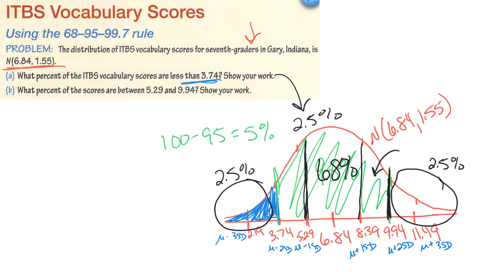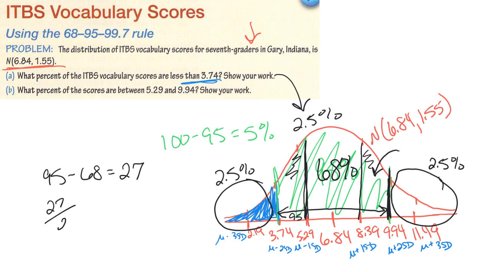From here to here is 95%, and I've already used 68% of it. So 95 minus 68 is going to give me 27. That 27% is split between these two wedges, so approximately 13.5% falls right there.